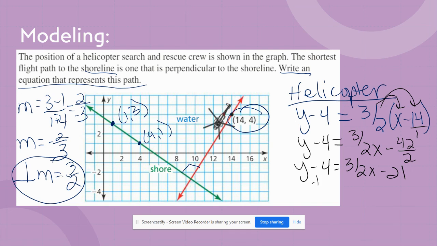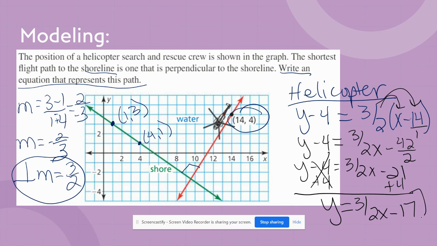Finish getting y alone by adding 4 to both sides. These 4's add to 0, so we have y is equal to 3/2 x minus 17. So this equation would represent the path of the helicopter so that it would travel exactly perpendicular to the shoreline.